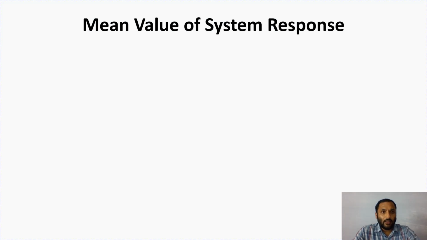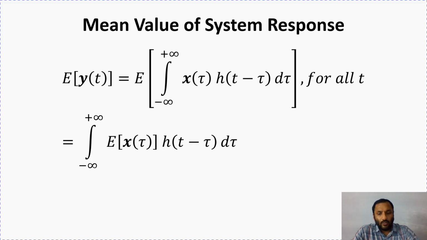Now, what will be the mean value of the output of a system? That should be the expectation of y of t. I can use the convolution integral to replace y of t.